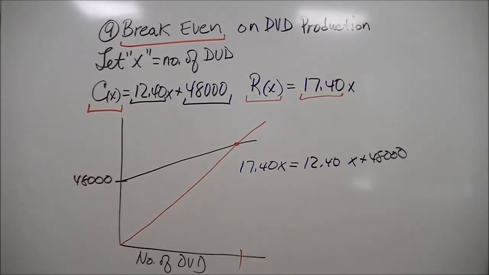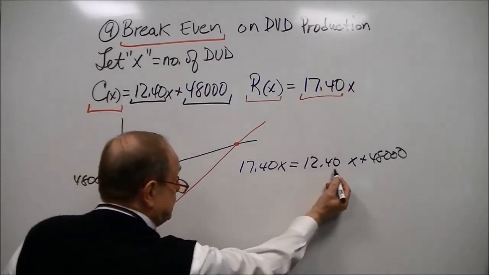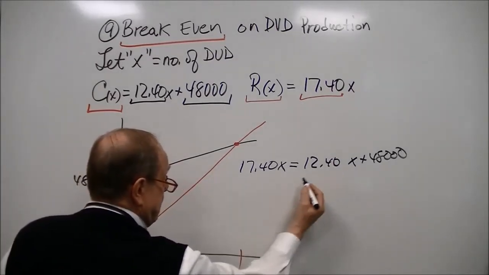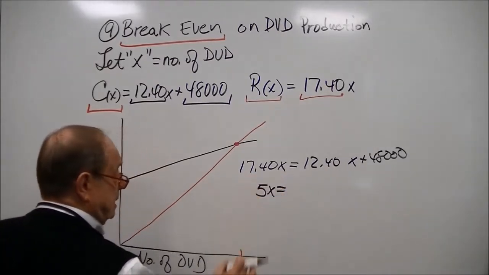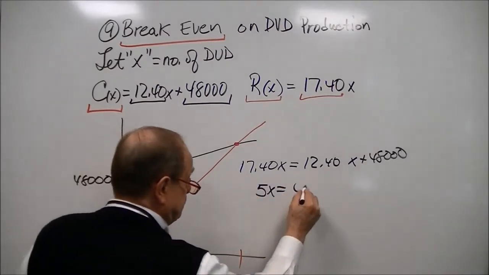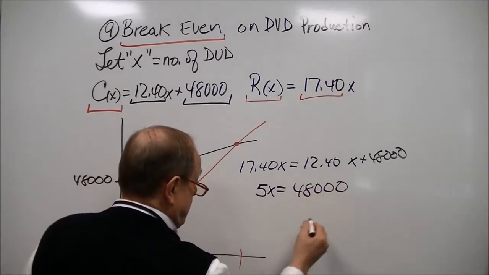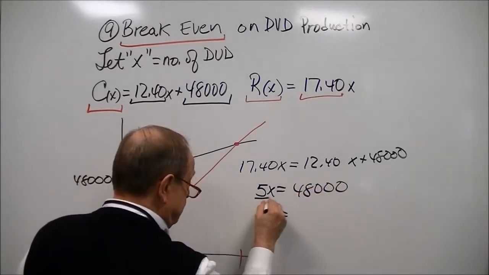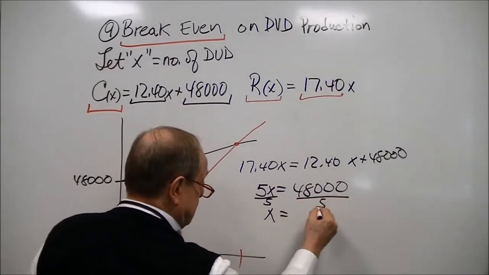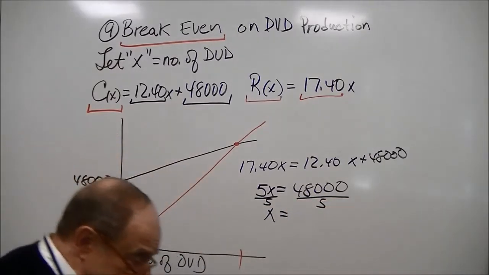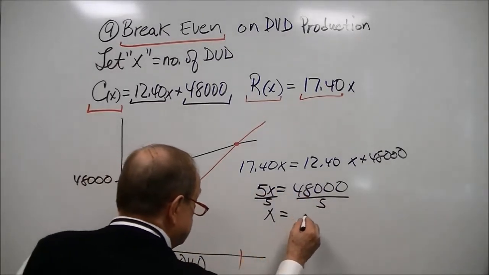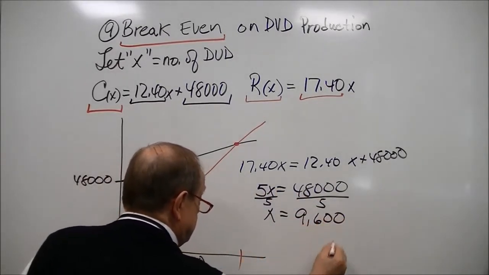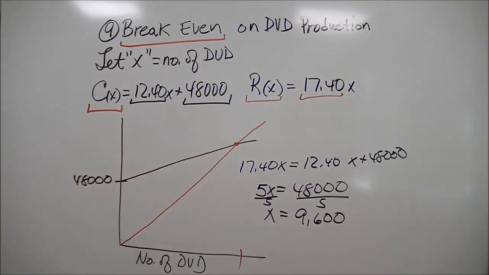So what do we do? Well, we solve for x. We're going to subtract this from both sides, and this leaves me with 5x over here, because that subtracts nicely from that. And then I divide both sides by 5. That gives me my x all by itself, and I find I get 9,600 as a value for x.